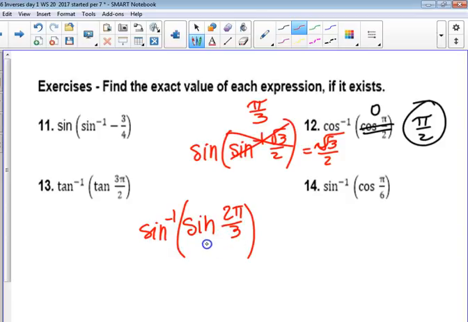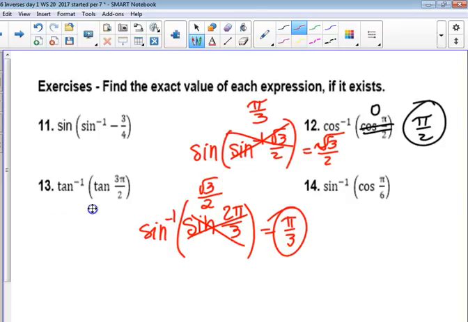Okay, but go to 2 pi over 3. Tell me what the sine value is. Y value, right? Now, arc sine or inverse sine is positive in quadrant 1. So now I need a quadrant 1 angle that has a sine of square root of 3 over 2, or a y coordinate. Okay, so sometimes they cancel each other out, sometimes they don't. It depends sometimes whether the sine or inverse sine is on the outside. So I just do them inside out and I'm done.